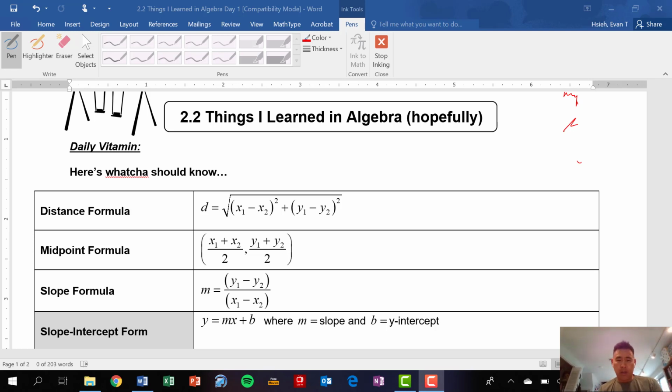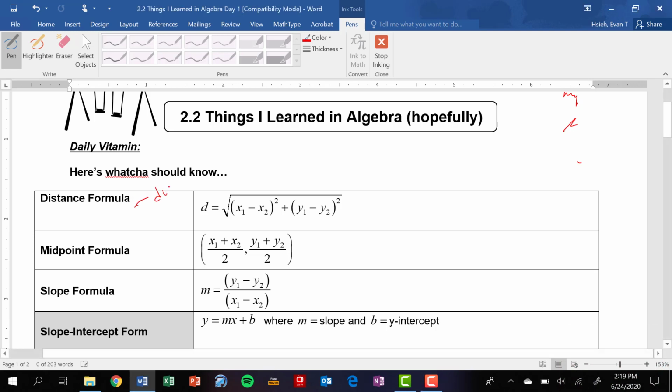So, first concept here is the distance formula. That's to find the distance between 2 points. If I give you 2 points, it's basically this formula here, which we'll talk about.